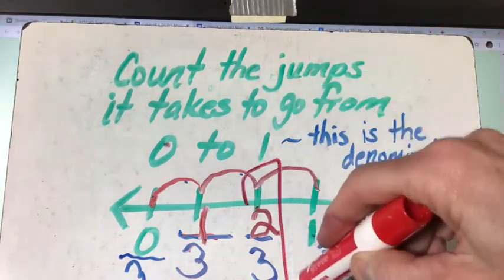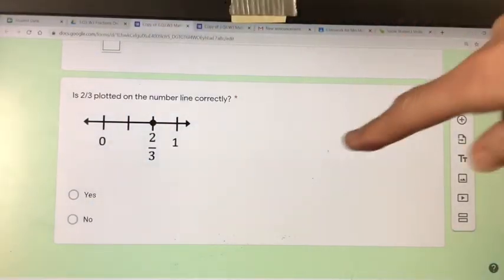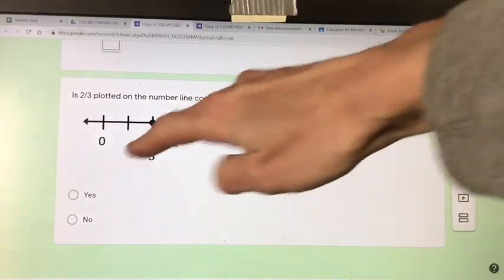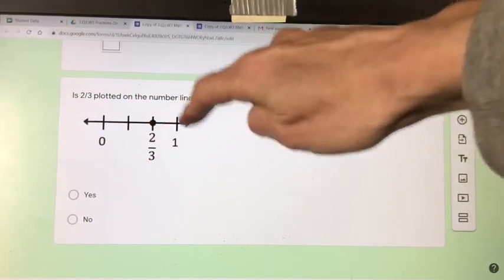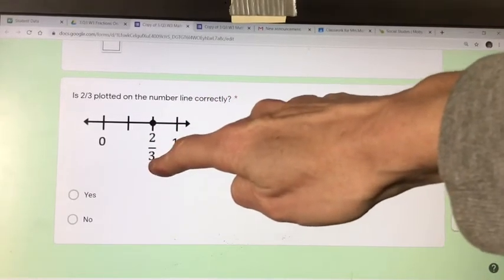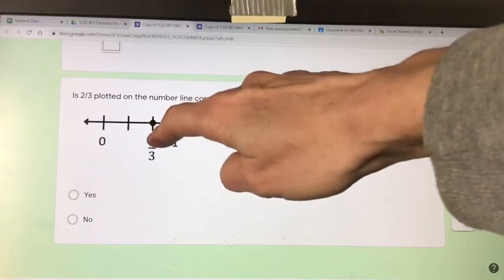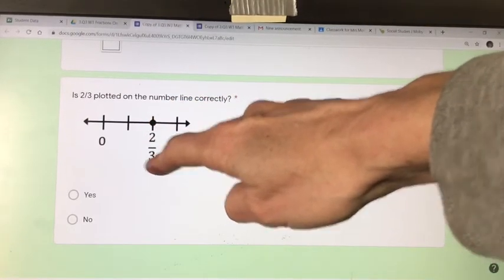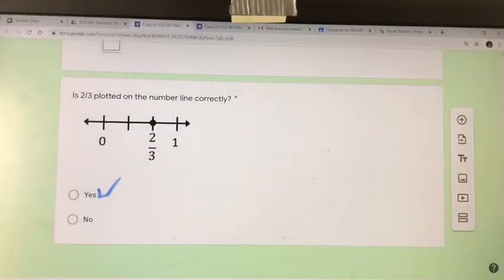So they wanted to know, was the number line labeled correctly? Yes, it is labeled correctly because this would be 1, 2, 3 jumps. They use the 3 in the denominator, and when they jump 1, 2, they're at the second jump out of 3. So yes, it is labeled correctly.